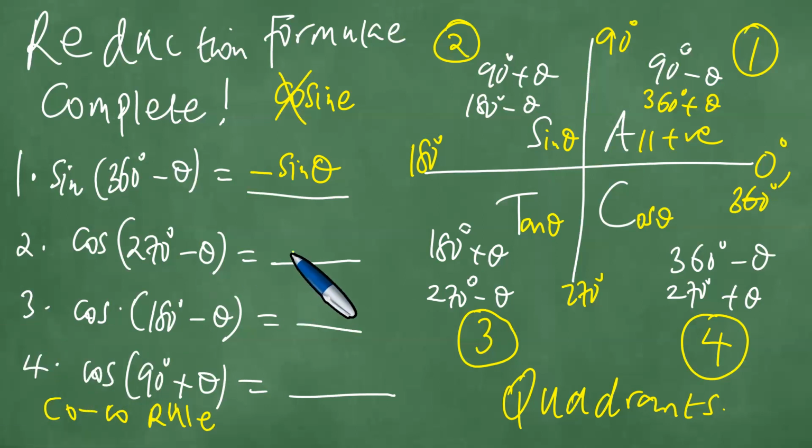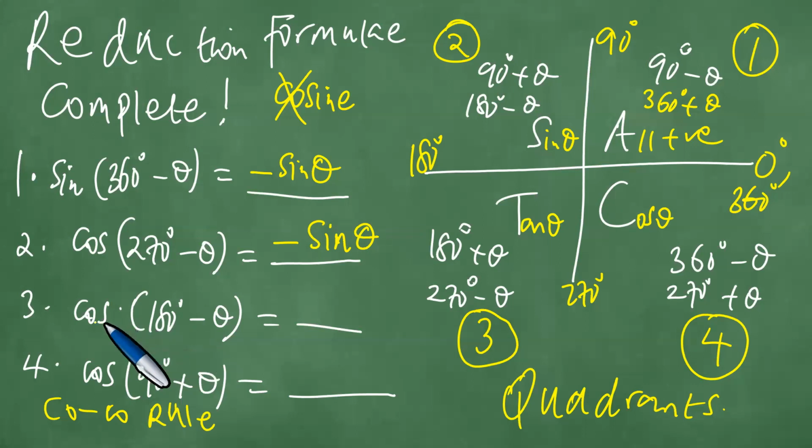But at 270 degrees and 90 degrees, the co-function changes, and the COCO rule applies. Cosine has a co, so you remove the co and you're left with the sine. So the answer becomes negative the sine of theta.